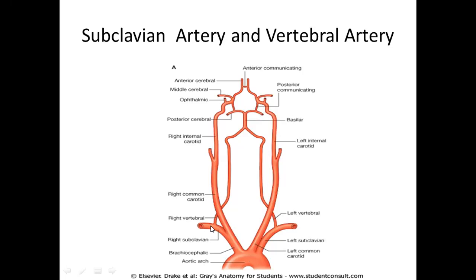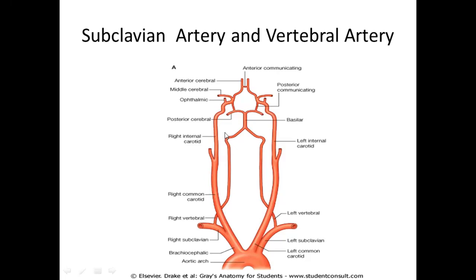Subclavian on both sides gives an artery called the vertebral artery. This is the vertebral artery, which passes in the foramen transversarium of the cervical vertebrae, and lastly enters the cranial cavity through the foramen magnum.